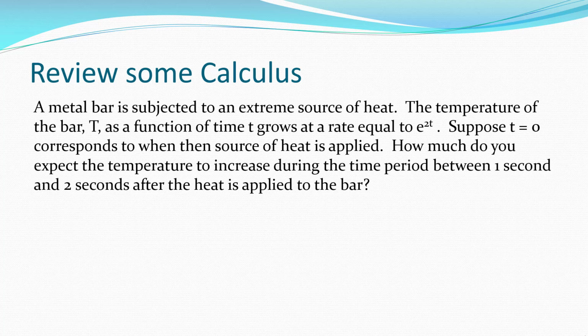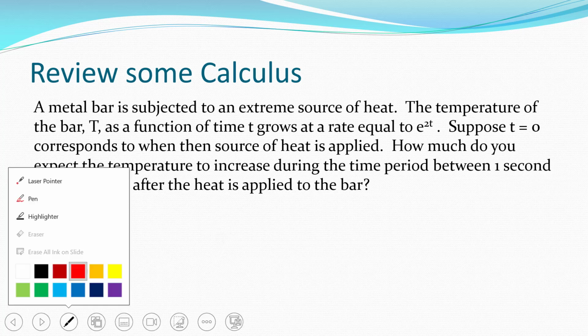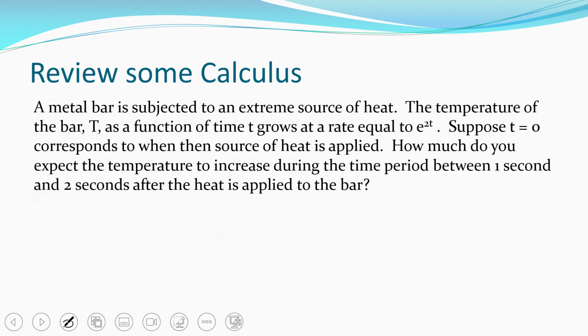Now, this is a great example of where you should use what's called the net change theorem, the net change version of the fundamental theorem of calculus. If you want to know the actual change in temperature, I want to know not what the temperatures are, because I don't care. I want to know the difference in temperatures between these moments in time.